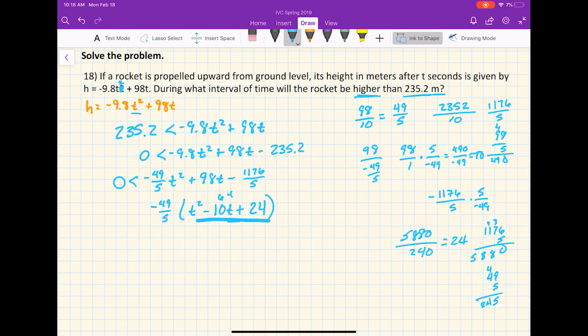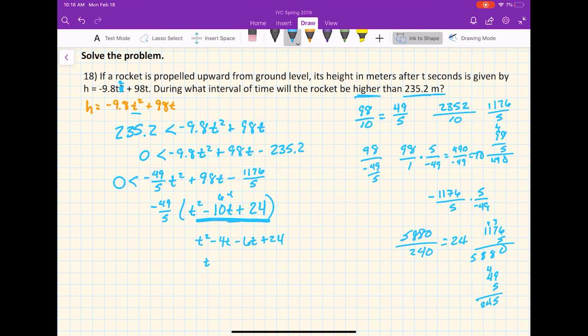So we have t squared minus, which way should we do it? Let's do the 4. T squared minus 4t minus 6t plus 24. There we go. Now we can factor out a t from this side.